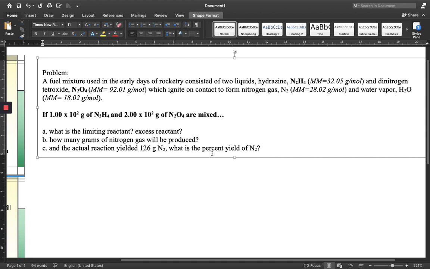They ignite on contact to form nitrogen gas N2 and water vapor H2O, and you are given the molar masses also there.